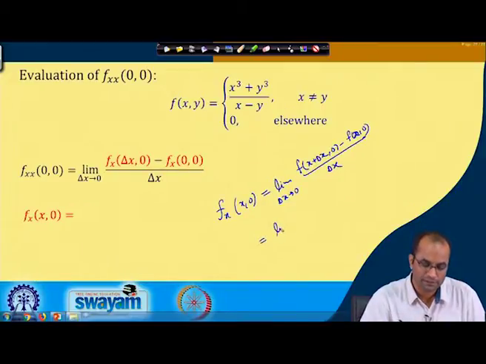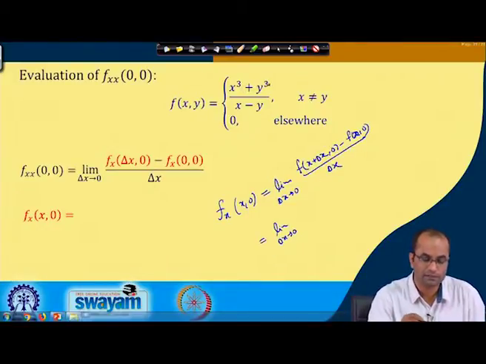So, in this case this limit as Δx goes to 0, because the second argument is 0, there is no y term, we will have x square simply there.